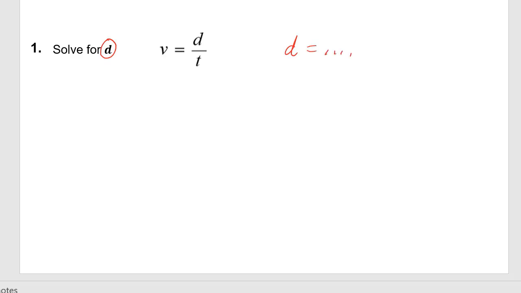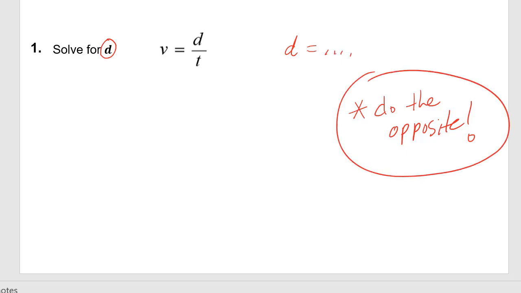So the way that we can do that, what we're going to be doing a lot of times, or all the time here, is do the opposite operation. So what I mean by that is, instead of dividing by t, we want d by itself, so we can multiply both sides by t.